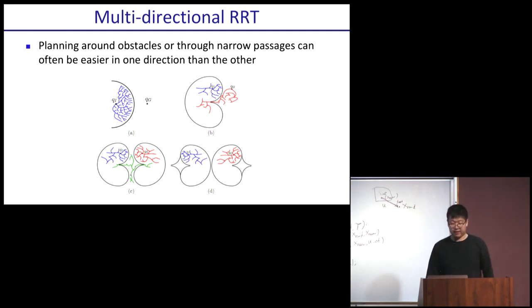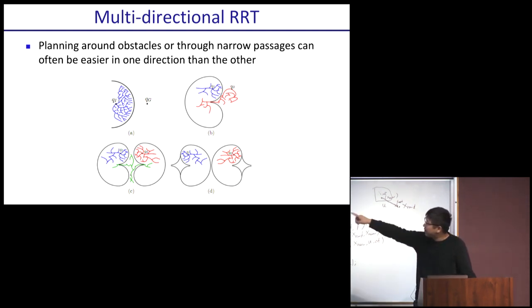Extending this, we can have multi-directional RRT. We can start from other starting points and expand the RRT, instead of only starting from the starting position. This is particularly useful when there is some trajectory that is hard to explore from one direction, but very easy for RRT from another direction, like this case.